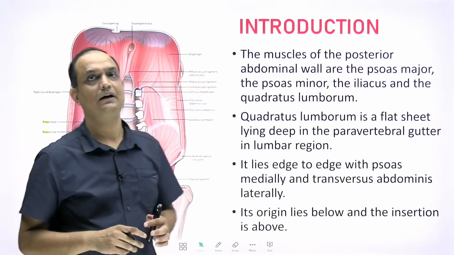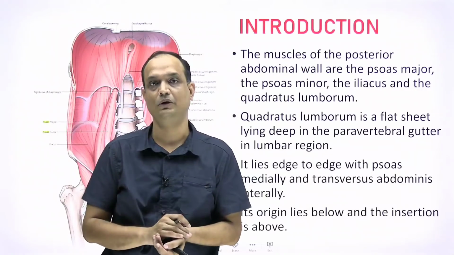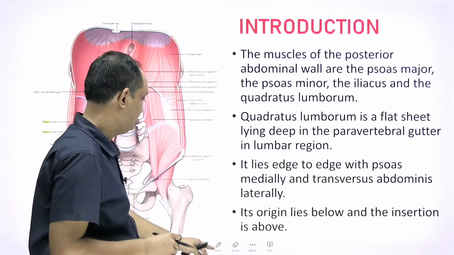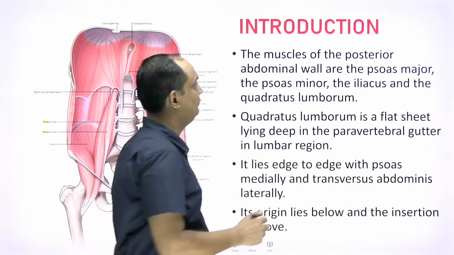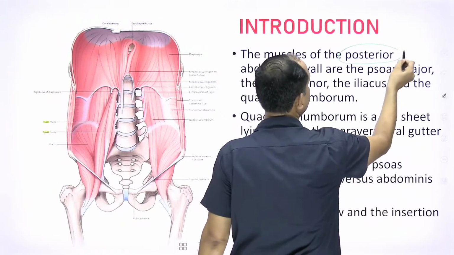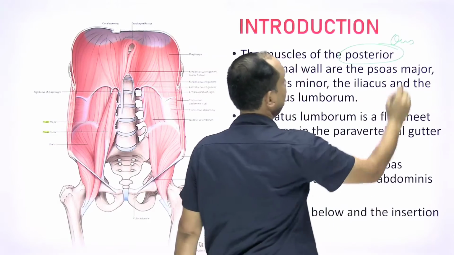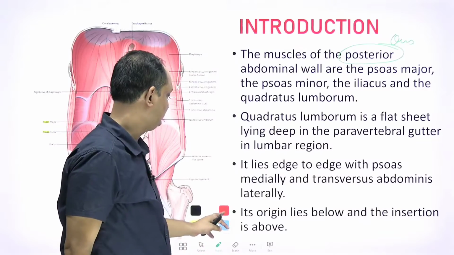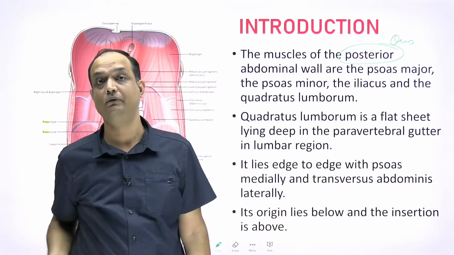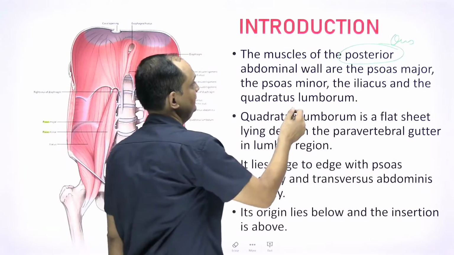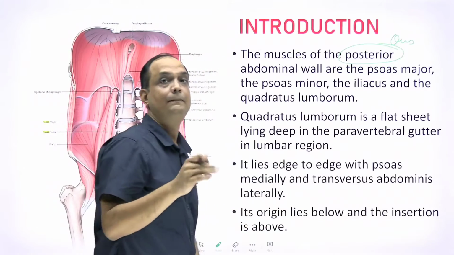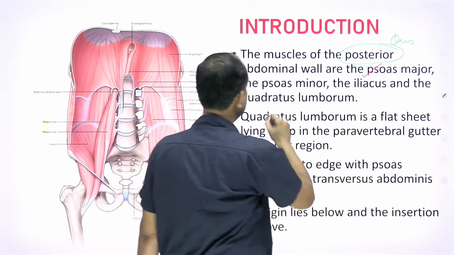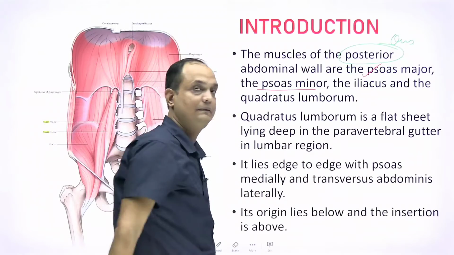So now let's start with the quadratus lumborum. As I already told you, quadratus lumborum is a muscle of the posterior abdominal wall. So this is the first question, where you will find this muscle. The second question is what is the relation of the muscle on the posterior abdominal wall? You should always keep in mind that when you come from medial to lateral, you have the psoas major medial most, along with the psoas minor which may be present.